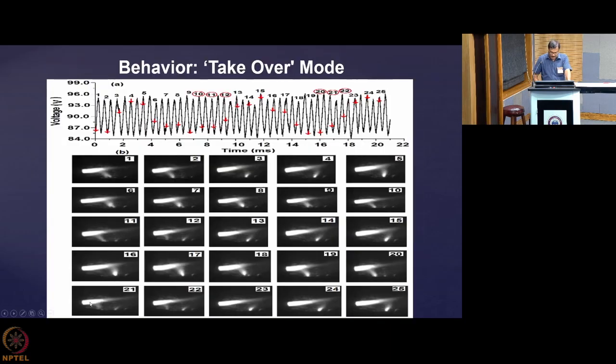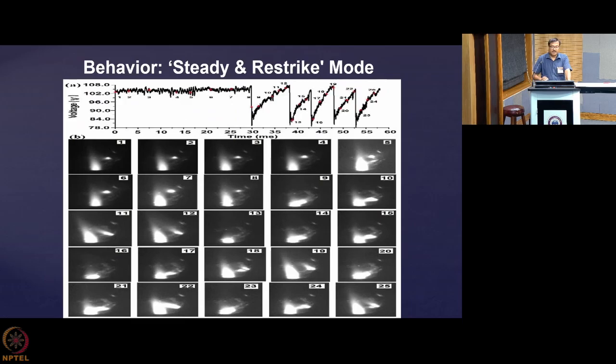But when the arc is staying at a particular position, and the aerodynamic drag force is balanced by the electromagnetic body force, keeping the arc configuration nearly steady, at that time you will see the voltage is more or less constant. And there is another mode where you will see that the arc is elongating, and then suddenly breaking at some upstream point.